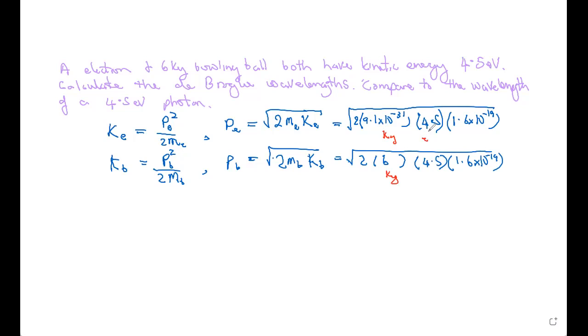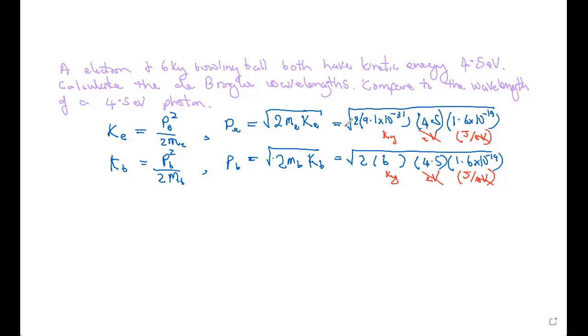Both kinetic energies were 4.5 electron volts. And then finally, what's this number over here? This is a conversion factor between the units of joules for energy and electron volts for energy. So this conversion factor is converting my electron volts into joules. The electron volts will cancel out, and I'll be left with the units of joules for the energy.